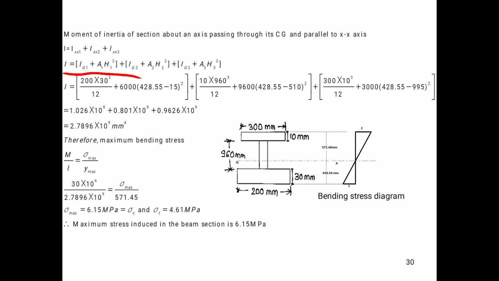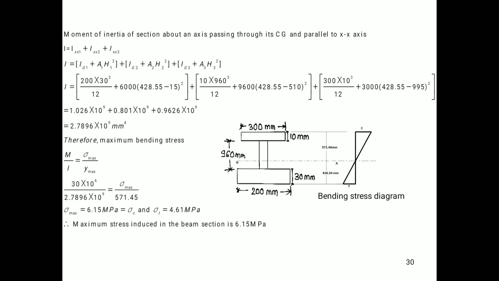In the same manner we have Ixx2, which is Ig2 plus A2 into H2 square, where Ig2 is the moment of inertia of section 2 passing through its centroid. And last we have Ixx3, which is given by Ig3 plus A3 into H3 square.